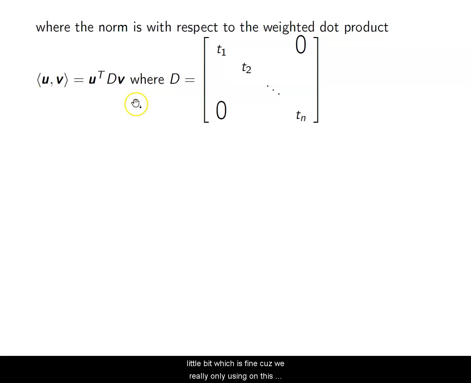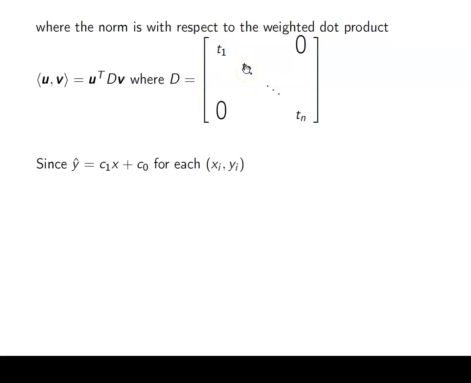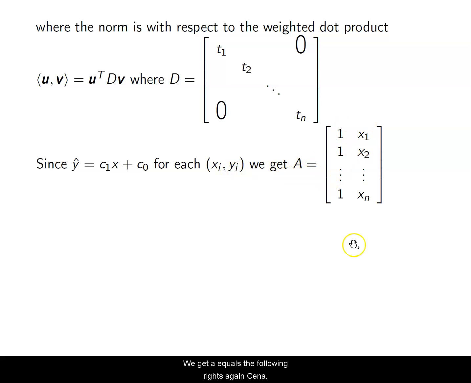So here again, D is the diagonal matrix where everything is 0 except for the main diagonal, where the main diagonal has the weights that we are interested in for each data point. And since y hat equals c1x plus c naught for every data value, we get the following.